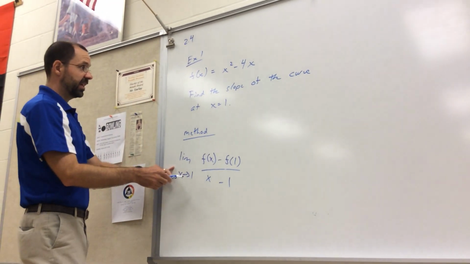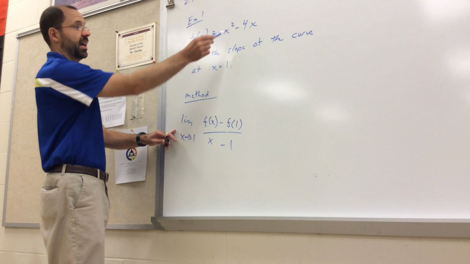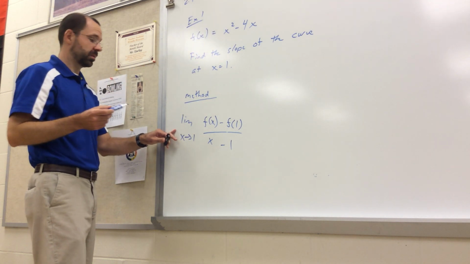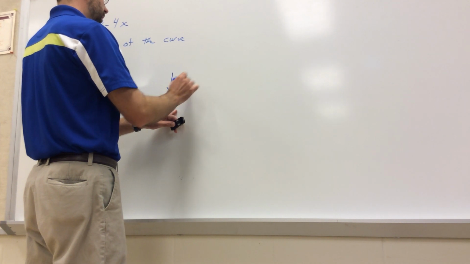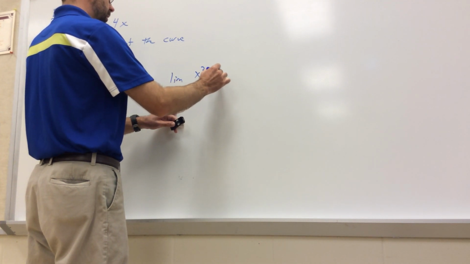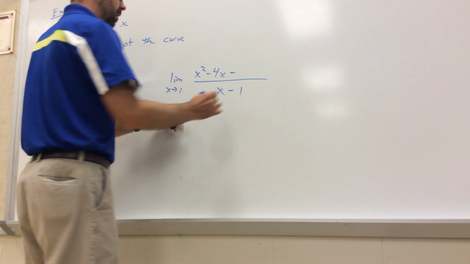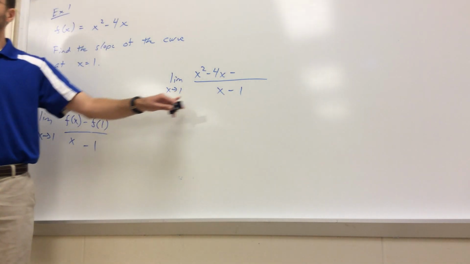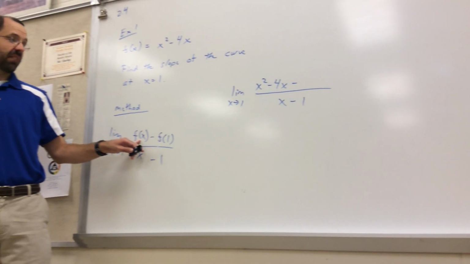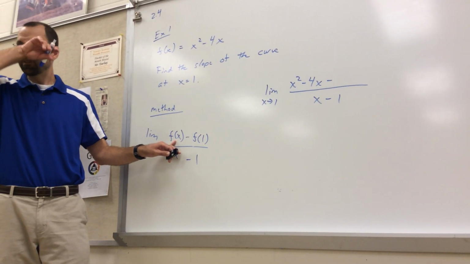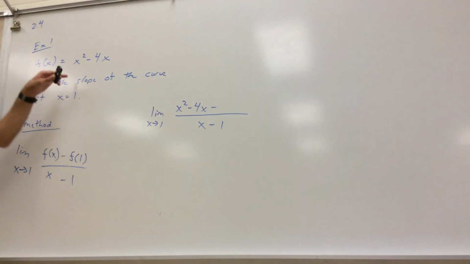Okay, now going on from here, don't I have a formula for f of x? Isn't that x squared minus 4x? So far from this step to that step, I just replaced f of x with x squared minus 4x, because that's the formula for f of x.